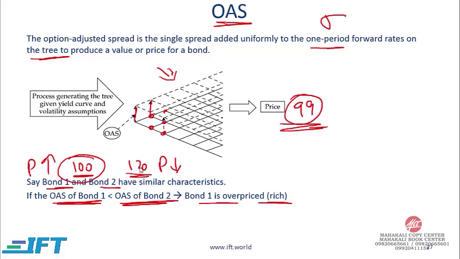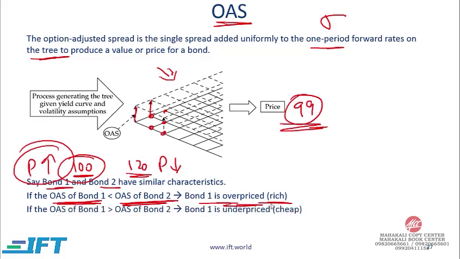If both these bonds have the same risk and bond 1 has a higher price, then it is overpriced or it is rich. On the other hand, if the OAS of bond 1 is more than the OAS of bond 2, then bond 1 is underpriced or cheap.